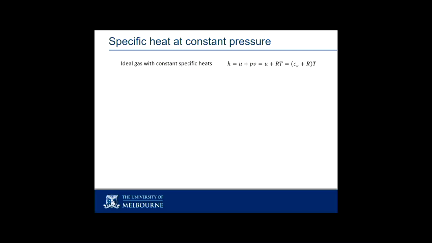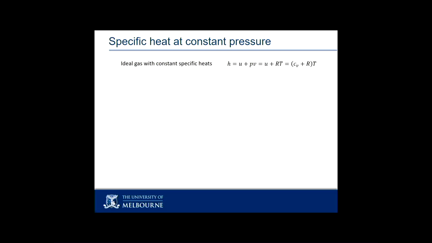So, code words in a problem: ideal gas with constant specific heats. So the plural there, constant specific heats, meaning CV is a constant, CP is a constant. Are CV and CP always constant? No. The values for CP and CV can change quite a bit with temperature.